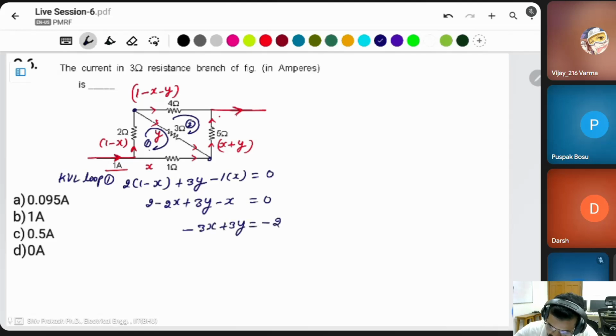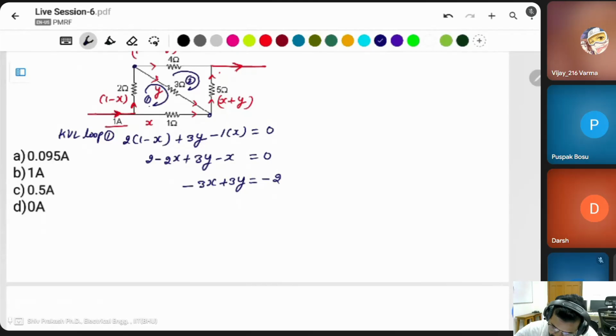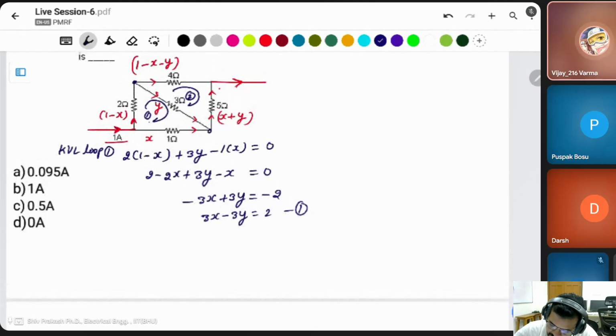Then what is this current? 1 minus X minus Y. Then 1 ampere is also leaving here.